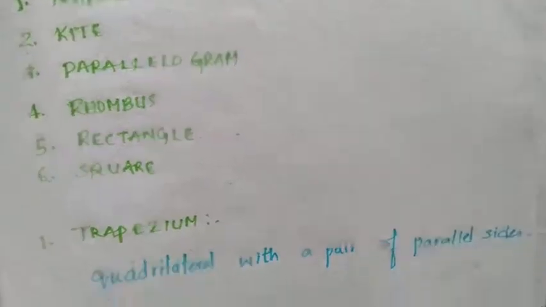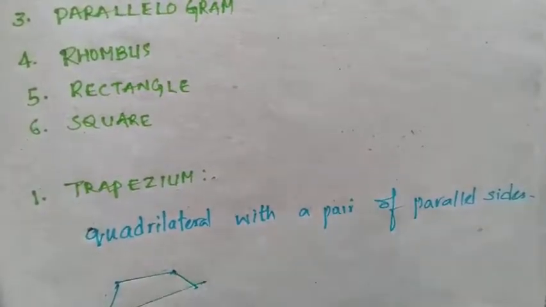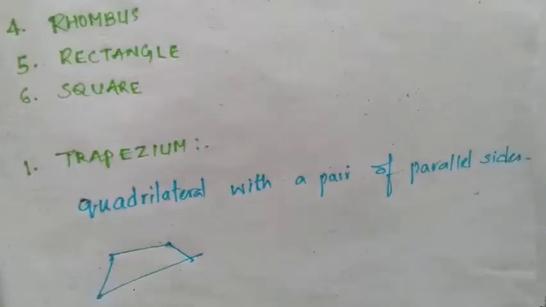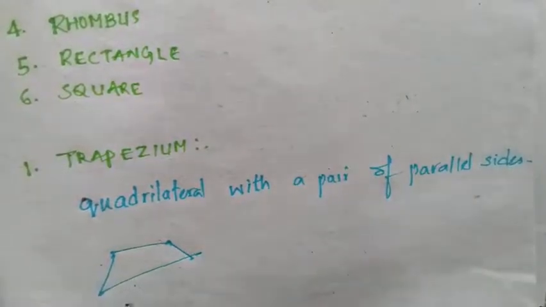So remember here, if you take a quadrilateral, okay, here none of the opposite pairs are parallel, so it is not a trapezium.